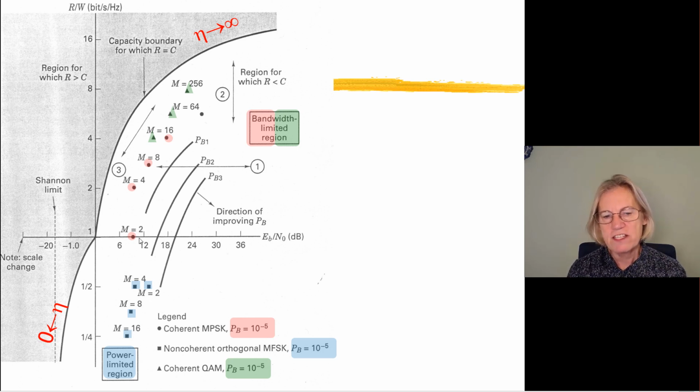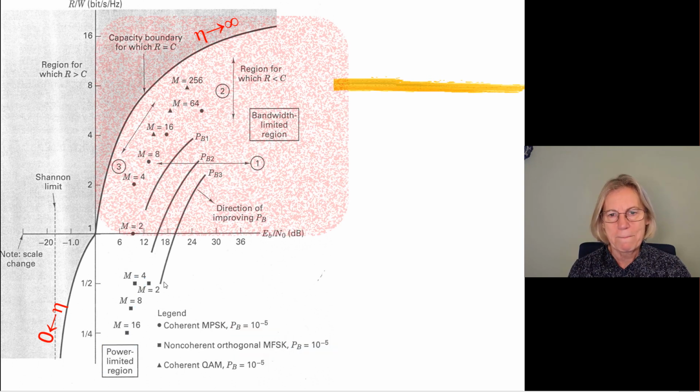So we had this concept before about power limited versus band limited, and we talked about it in terms of definition and which solution would be more suitable. But here on the bandwidth efficiency plane, we really get to see how we can take our quantitative results and plot them together so that it brings out for us which should be used.